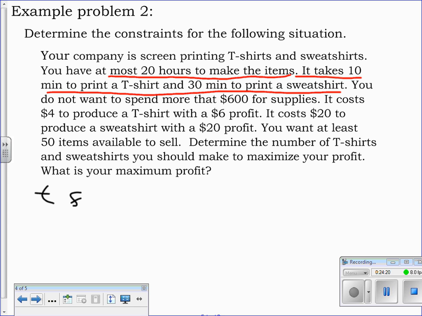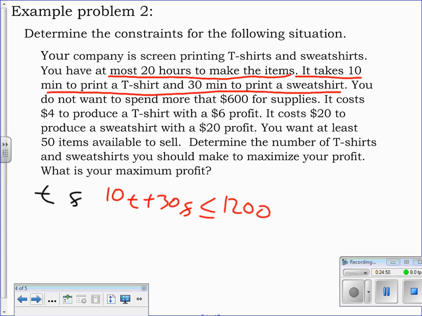It's much easier to take 20 times 60. What's 2 times 6? 12. And then I have 20 and 60, so I have to put 2 zeros on the end. So that means 10 minutes per T-shirt plus 30 minutes per sweatshirt must be less than or equal to 1,200 minutes.